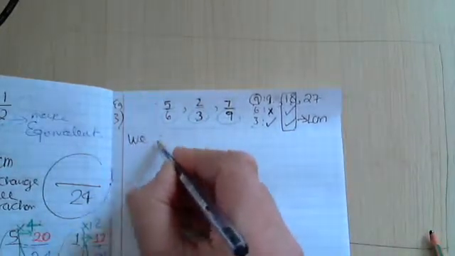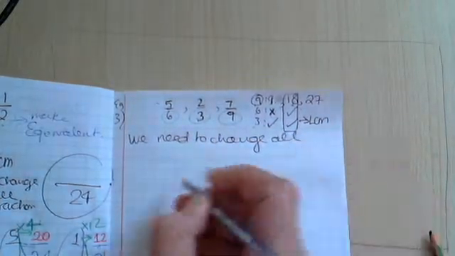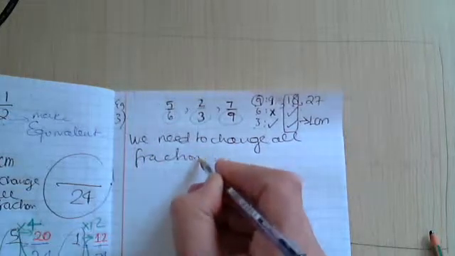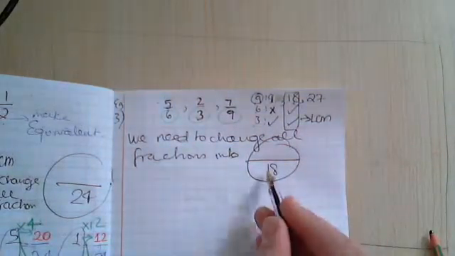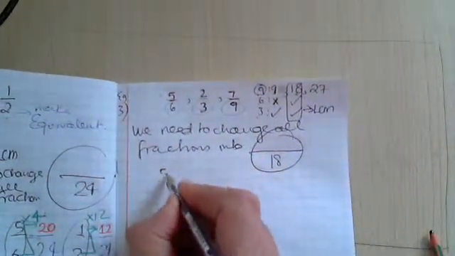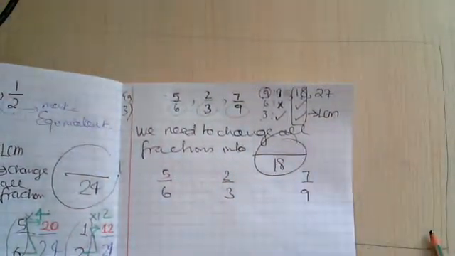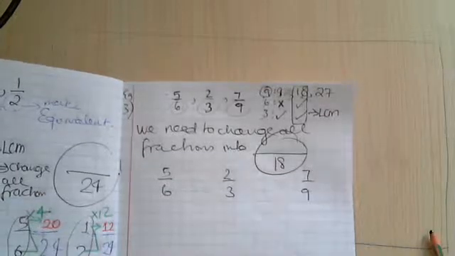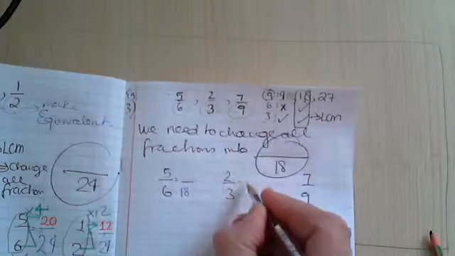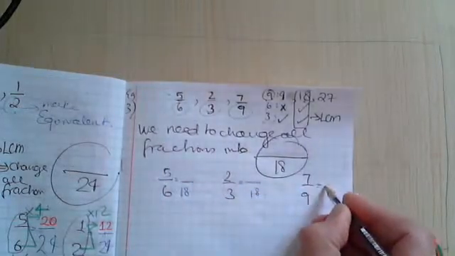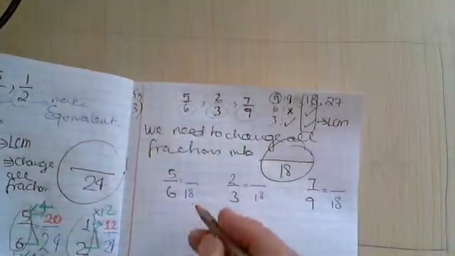So we need to change all the fractions into 18ths. So that's what we have to do. So we can rewrite the question over here. 5/6, 2/3, 7/9. Okay, now, how do we change 6 into 18?